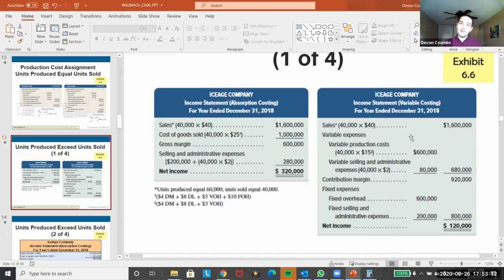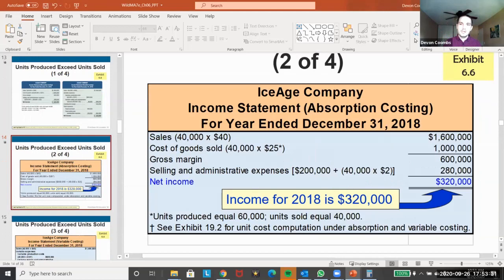For our variable costing, however, our sales are 1.6 million. And our variable costs, again, we just look at variable production costs and variable selling and administrative to get our contribution margin. And then we look at our fixed costs below the line as period costs to get our net income. Income for our absorption costing, 320,000. We just walked through this.